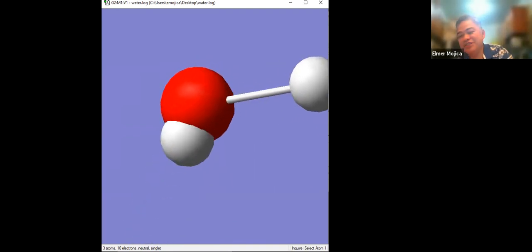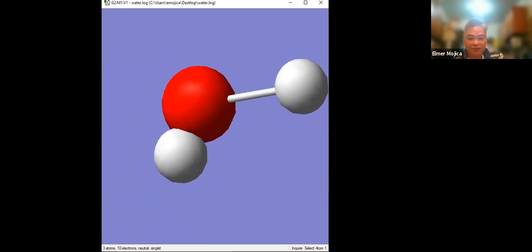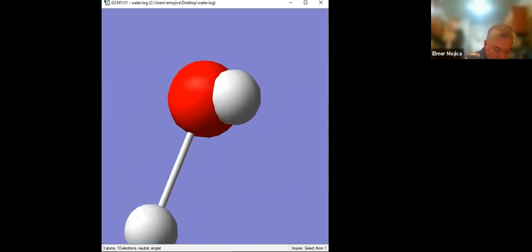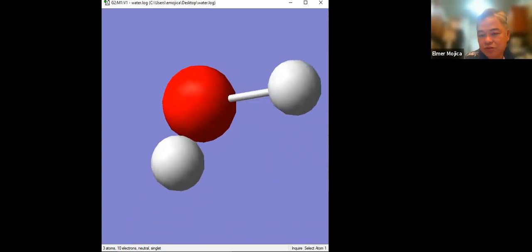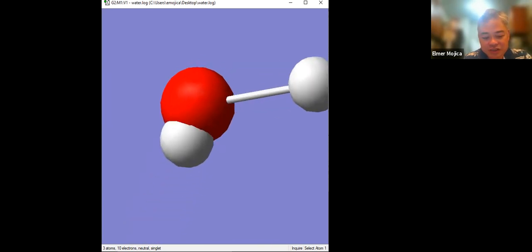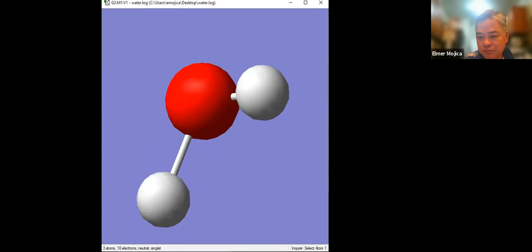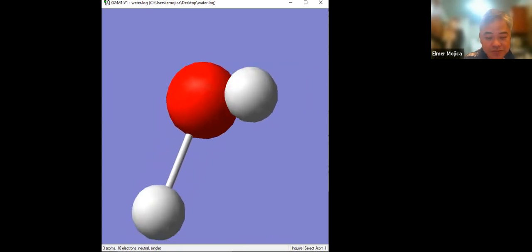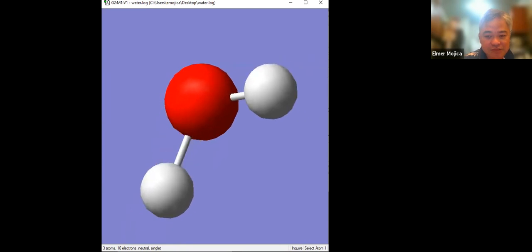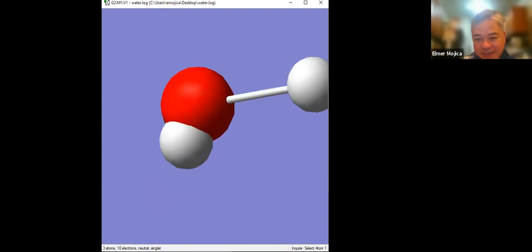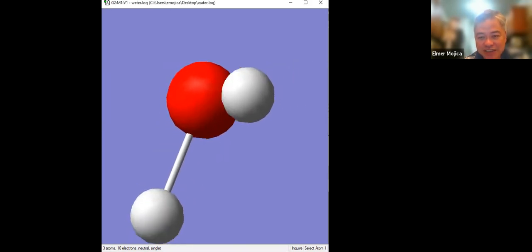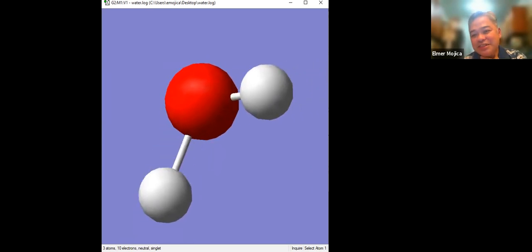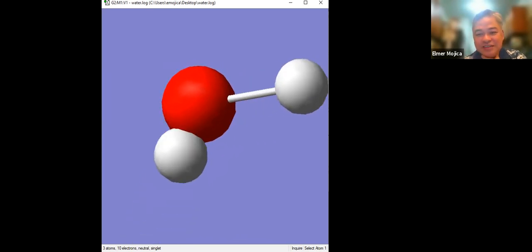So I can just only use water for now, because I just want to show you this tool that you can use to determine the theoretical vibration. I'm not sure if you have this kind of tool in UPLB. Although I left a copy of this that can be installed in one of the professors in UP in IC, and one of the professors also in IMSP.